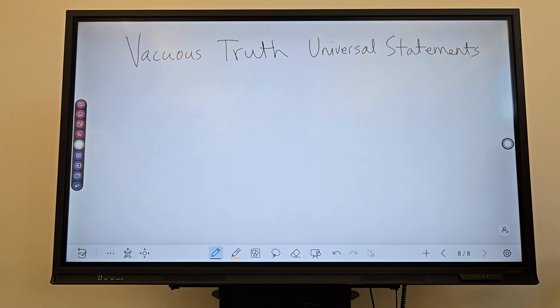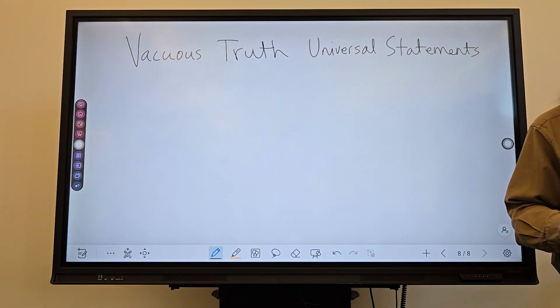But the only way for the negation to be true is for there actually to be a non-blue ball in the bowl, and there is not. So the negation is false, and the original statement is true by default.